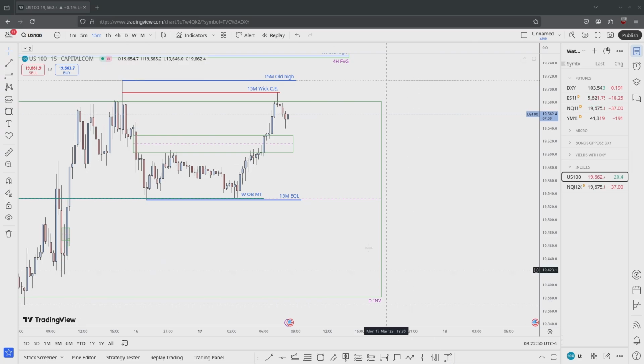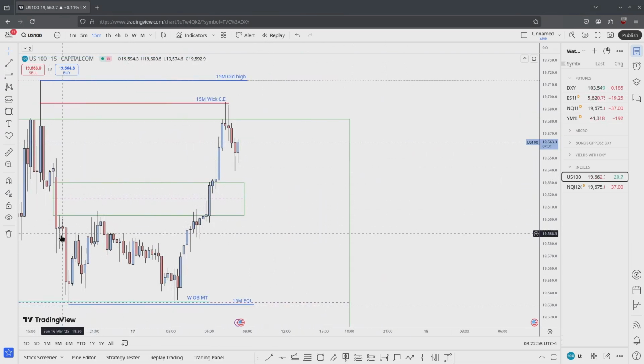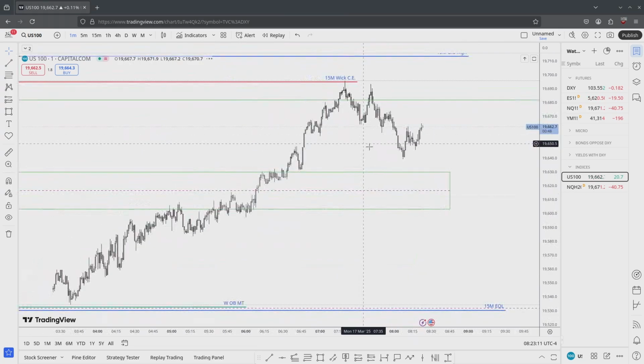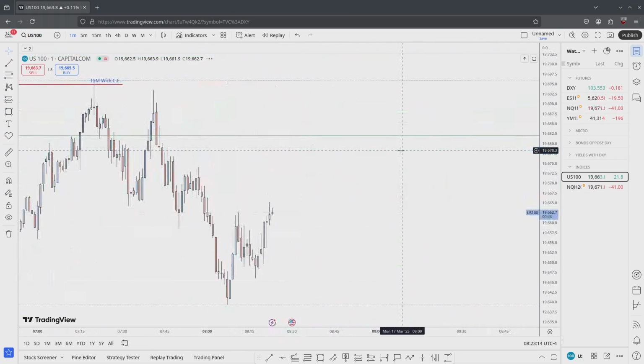We'll have to see if it has a willingness to want to go lower or stay above this 15-minute inversion. As long as we stay above this inversion, I want to see higher prices. If we close below this, then obviously that changes the narrative, and then you need to look for something bearish.